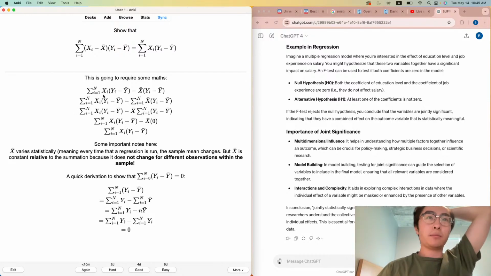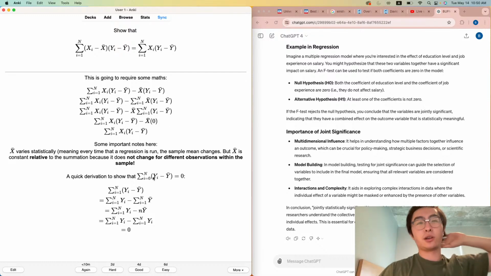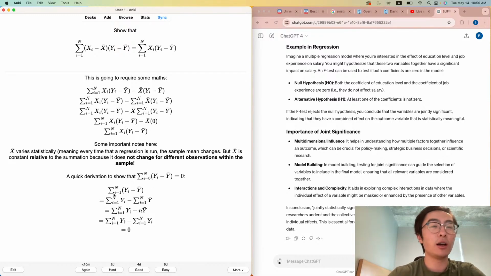So this is what I mean by we can distribute the terms and then distribute the sums. We bring it out because it's a constant, and then this becomes 0. This is a quick derivation to show that it's 0. We can further distribute the sums here. This becomes n y bar, and once we take this difference, we'll show that n y bar is equal to the sum of yi, which is equal to 0.